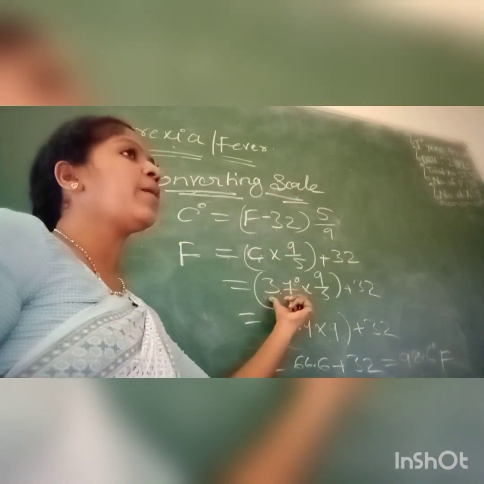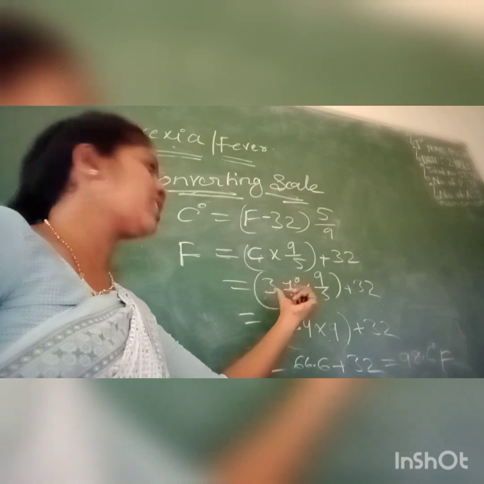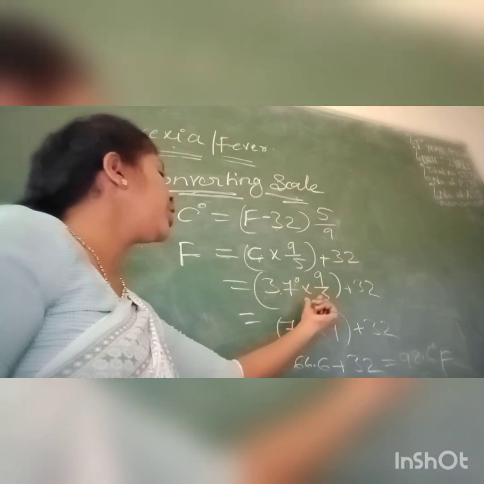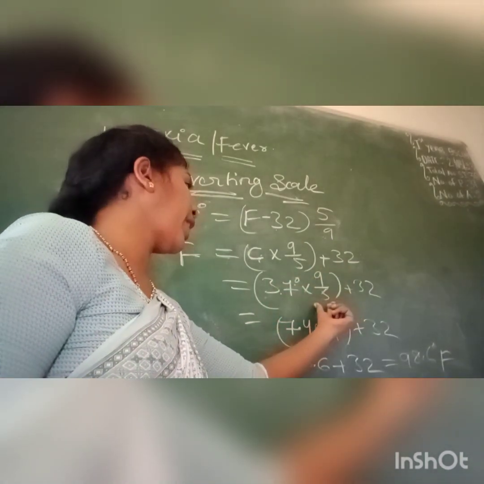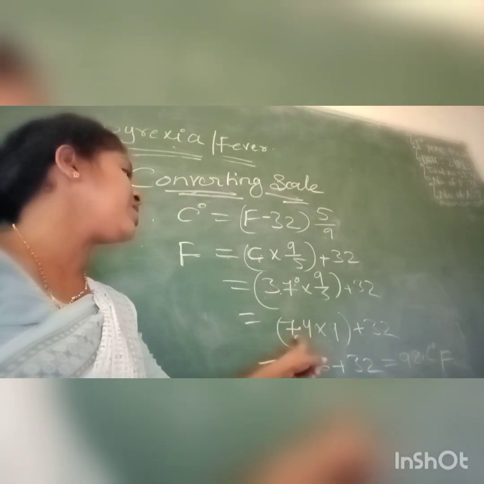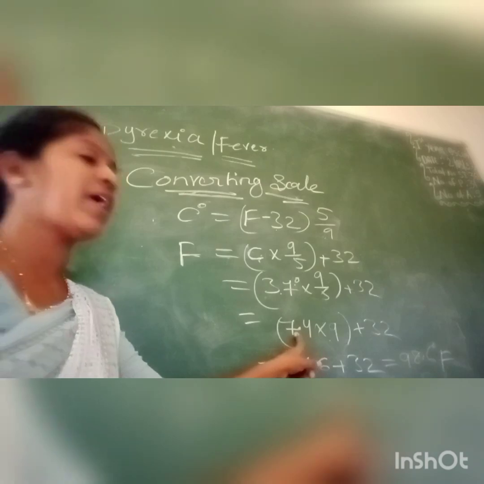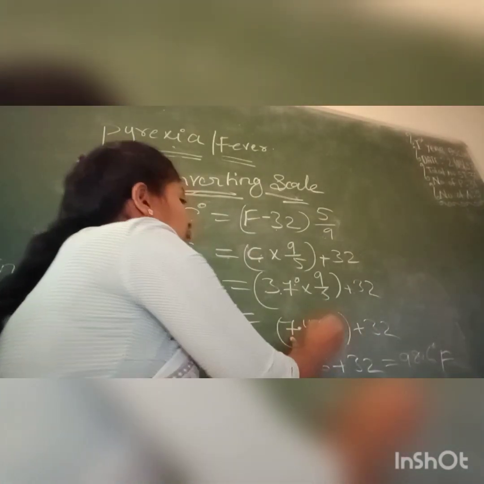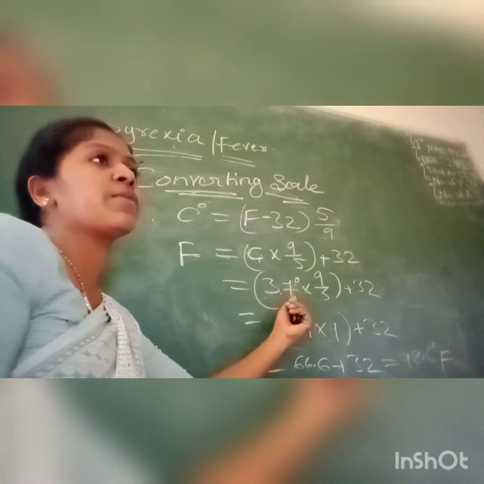Let us see one solution. What is the normal body temperature in Celsius? 37 degrees Celsius into 9 by 5. 5 sevens are 35. If we add, 2 is remaining, right?